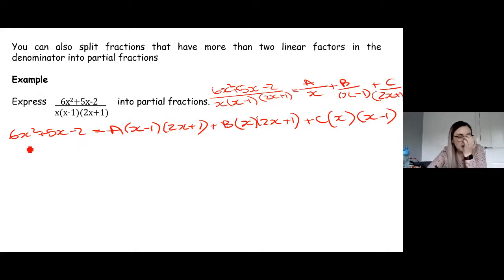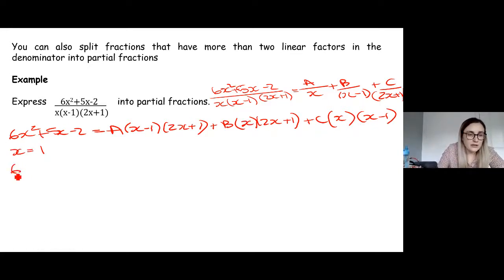Okay, so this one's quite nice. I just choose the three values again and solve it. So let x equal positive 1 to cancel that. So that means the A disappears and the C disappears.